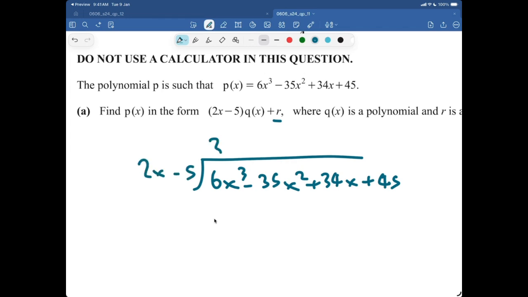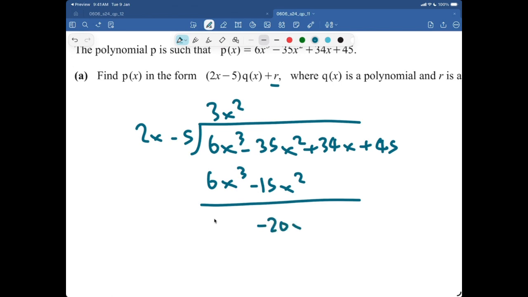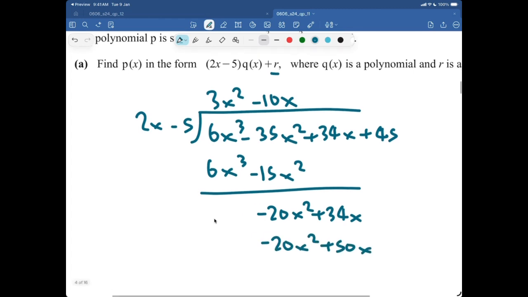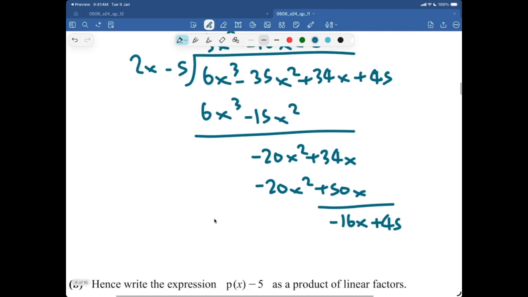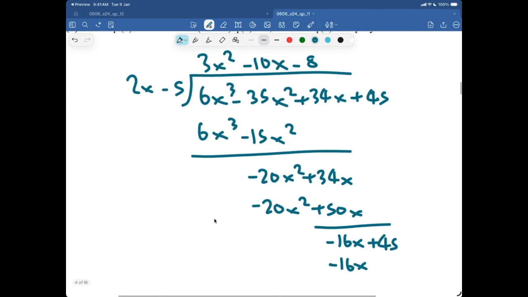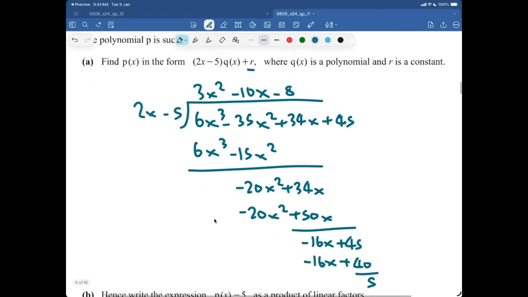And then if you conduct the polynomial division, you have -16x plus 45, so -8, -16x plus 40, which yields the remainder of 5.